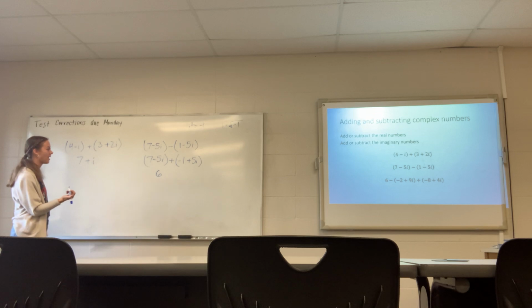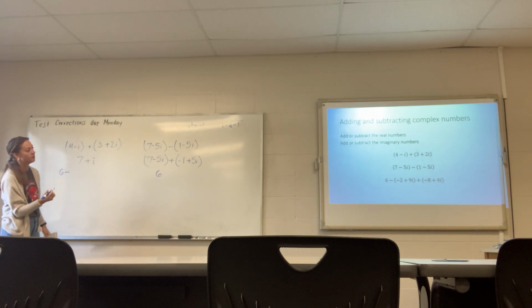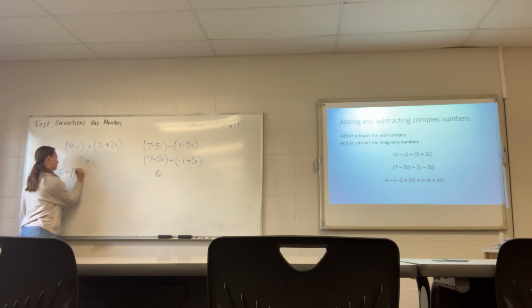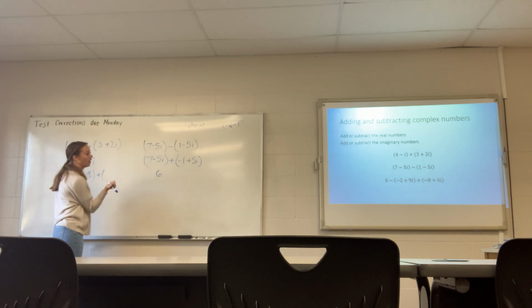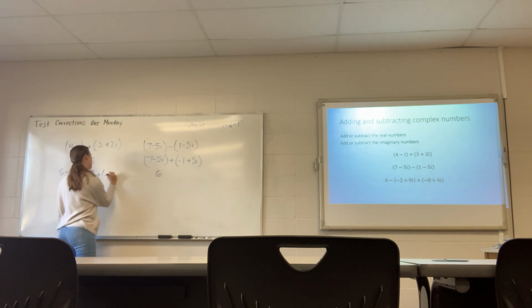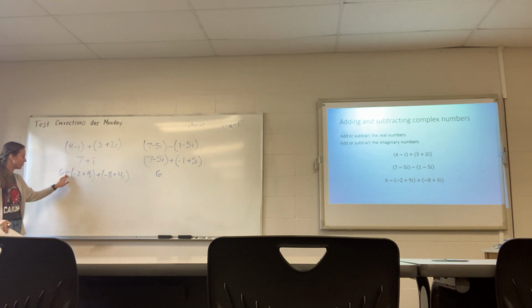All right, this last one, I have 6 minus negative 2 plus 9i, and then I have plus negative 8 plus 4i. All right, so first, what could I do with this minus?